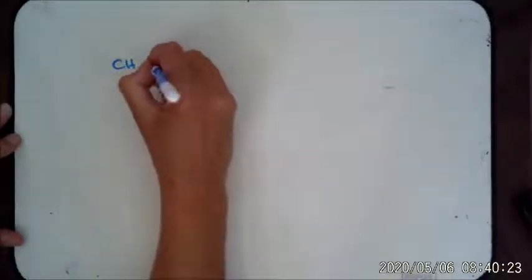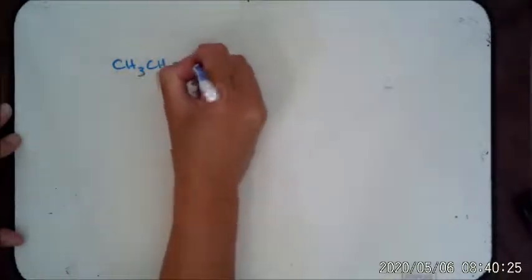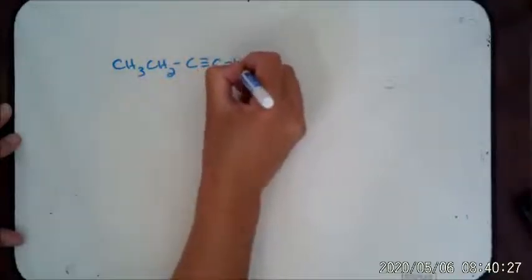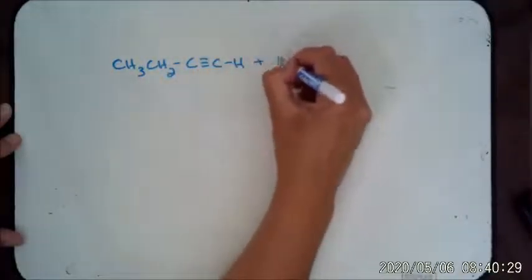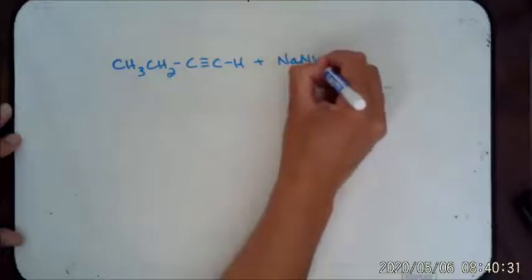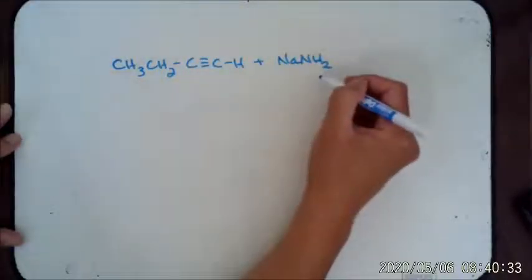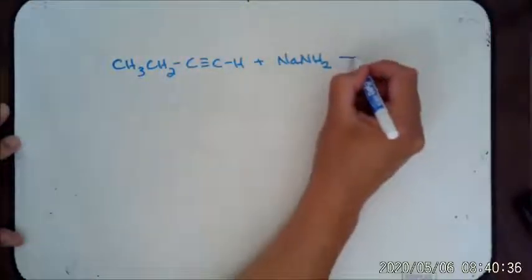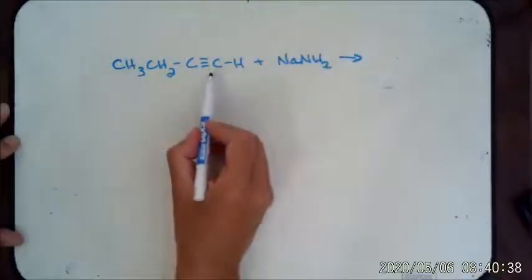Okay, so if I take a terminal alkyne and I react it with sodium amide, this is a stronger base than the conjugate base here.